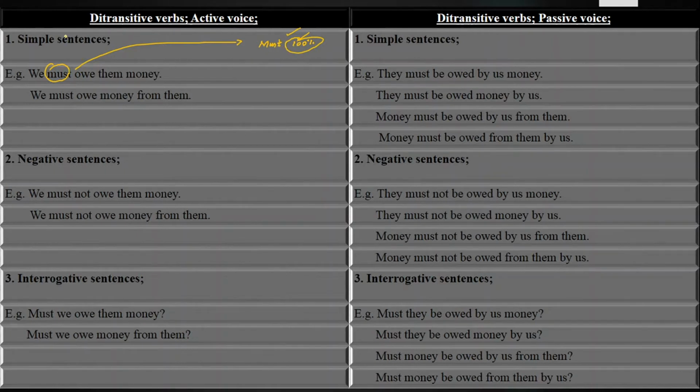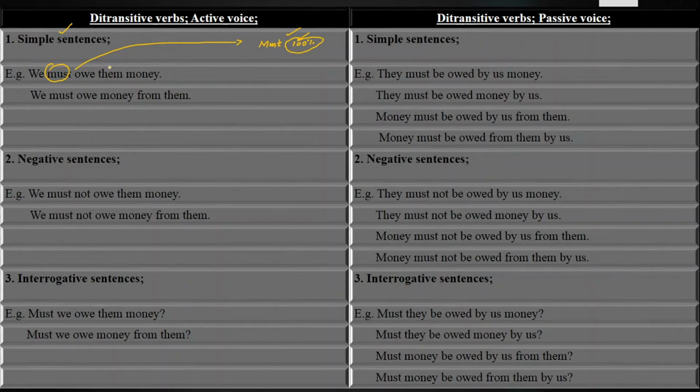Now we have the simple sentences of the modal auxiliary verb must. Must is a modal auxiliary verb used for possibility of 100%, or you could say authority, where you have 100% authority to do that work. Simple sentences which make a simple statement are called simple sentences.